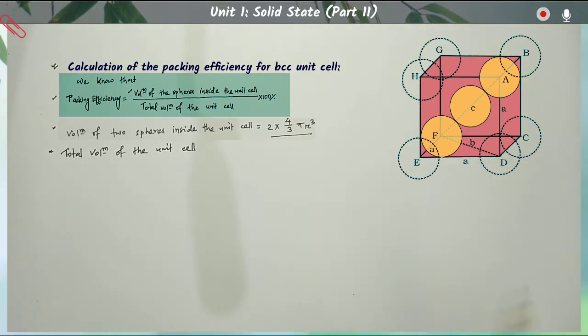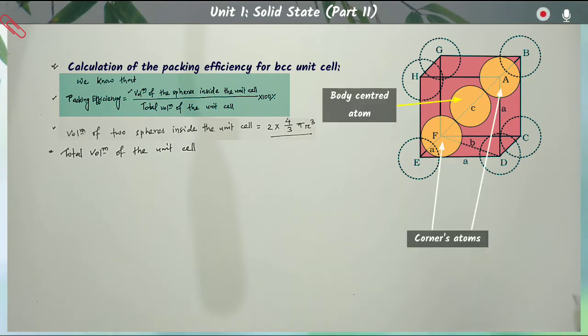From this figure it is evident that the atom at the center will be in touch with the other 2 atoms which are at capital A and capital F. So this center atom will touch the atoms A and F diagonally.